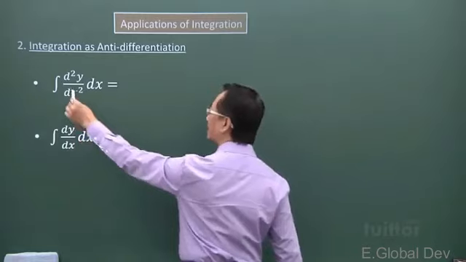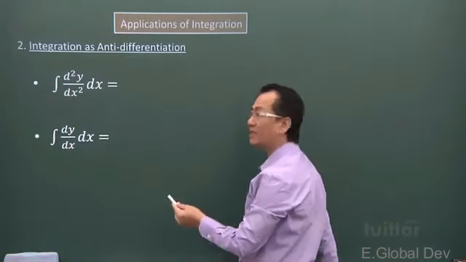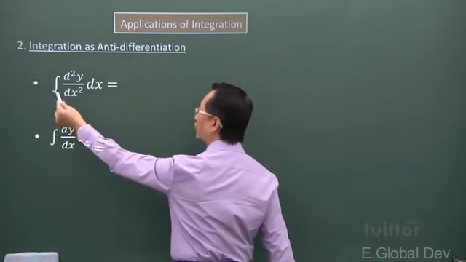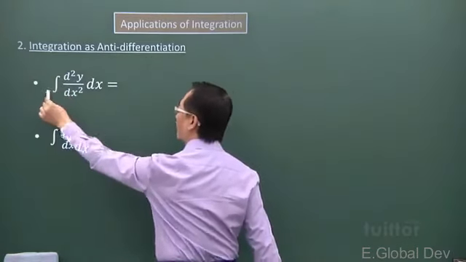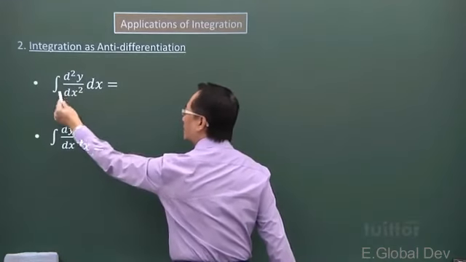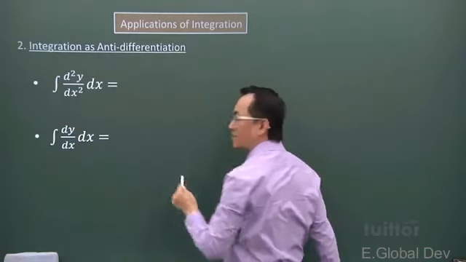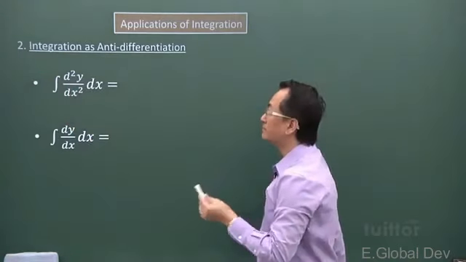We can see here, this is the integration sign, very much like a very stretched S. This is the integration of the second derivative with respect to x.